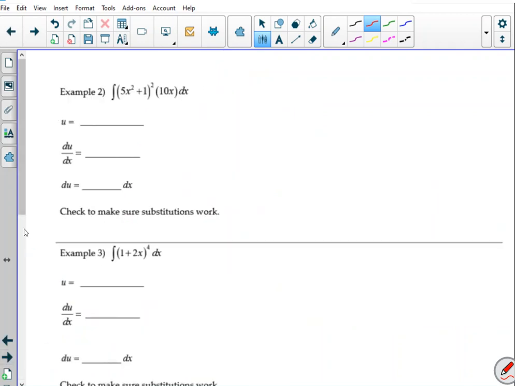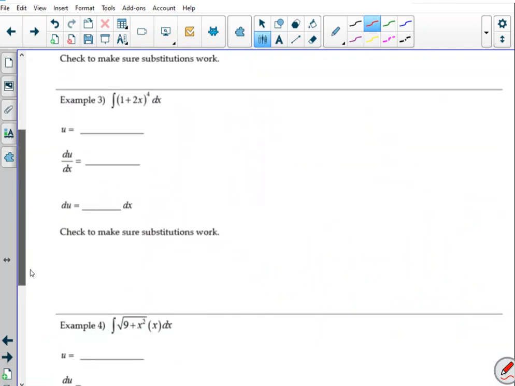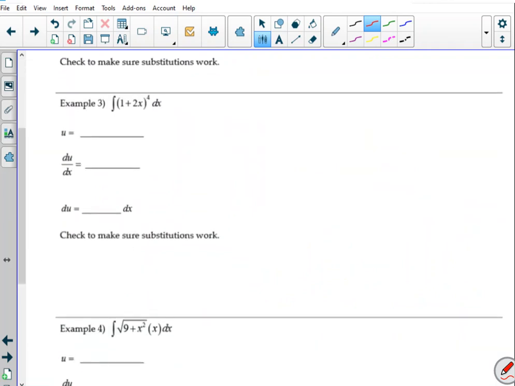So, perfectly onto what Brian just asked about, looking at number 3, you might be like, well, wait a minute, this isn't right because I don't have enough to make U substitution work. But you do.